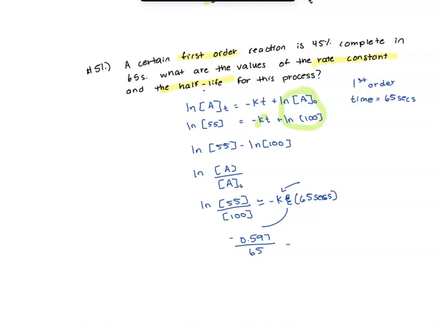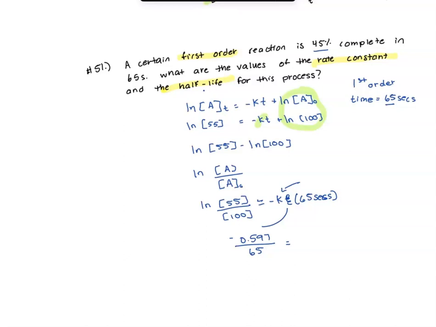Then our answer is, and how many significant figures do we have? 2 here and 2 here. So we're going to need 2 significant figures. And in this case, we have negative 0.00919.